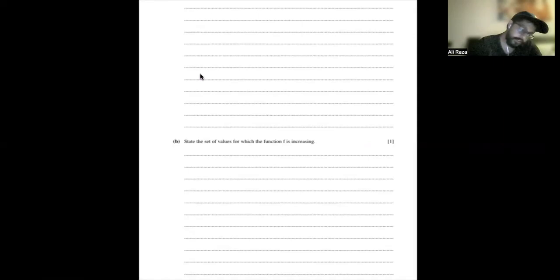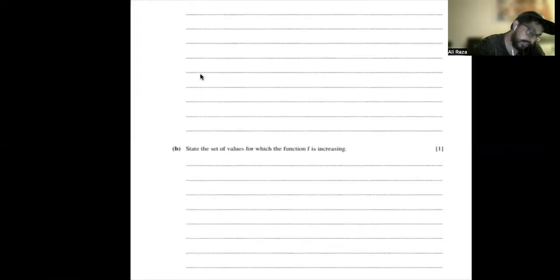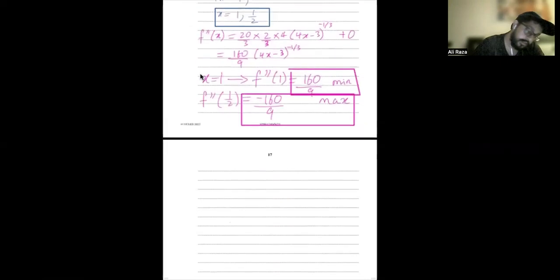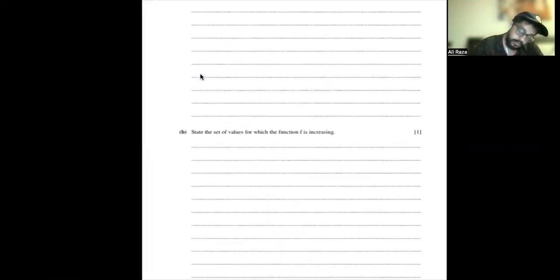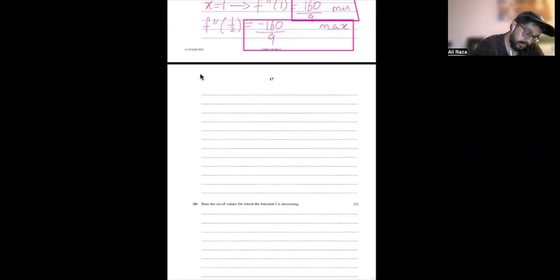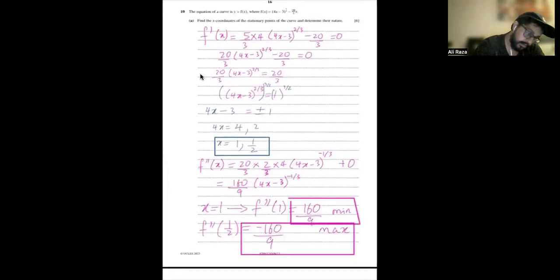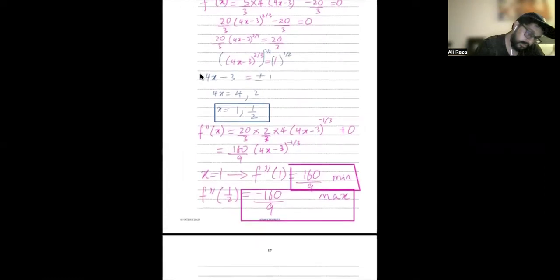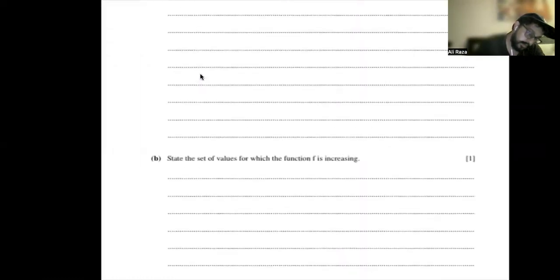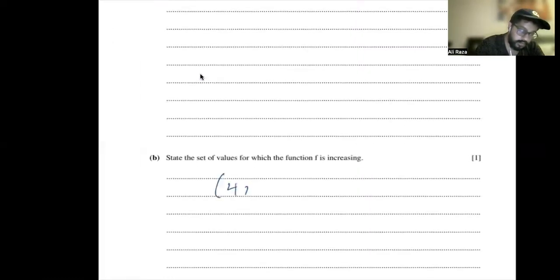Now we need to state the values for which the function is increasing in part B. Dy by dx was 4x minus 3 power 2 over 3 is equal to 1.